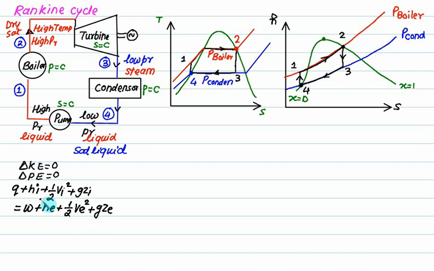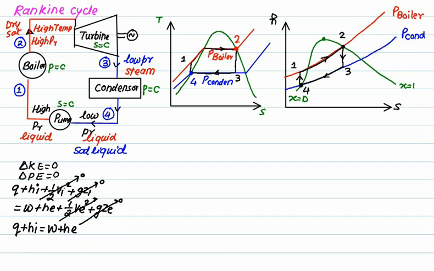Since we are neglecting these quantities because the magnitude is very small, you are left with the generalized equation. So the governing equation for all these Rankine cycle components is Q plus Hi equals W plus He.